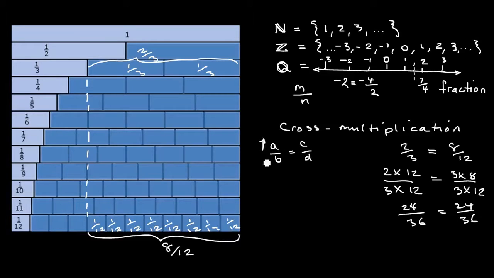In other words, as long as that's a positive, we're increasing both the top and the bottom. That means we end up with A times D.